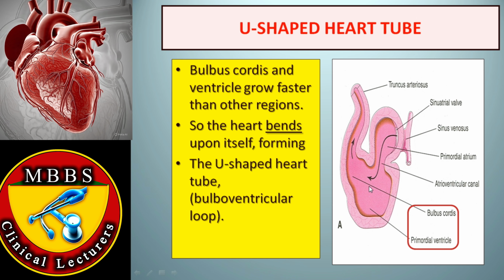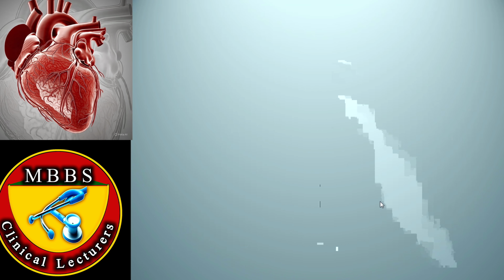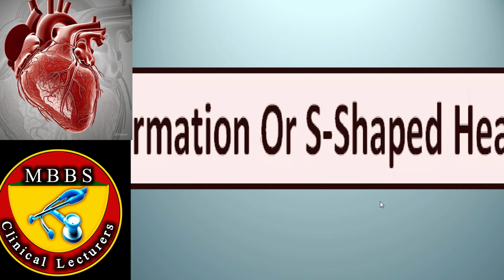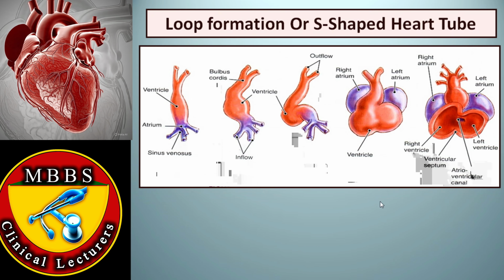Okay, and it is so much proliferated that it acquires the ventral portion of the developing heart and pushes the venous end to the dorsal aspect. So initially the tube is dilated, and then it forms a band, that is the bulbo-ventricular loop.